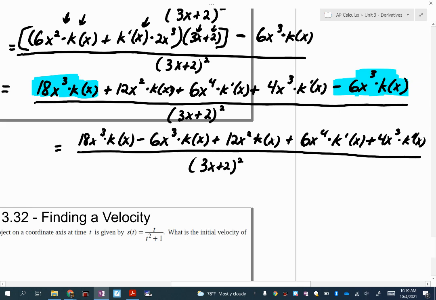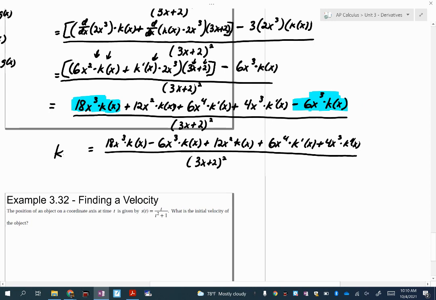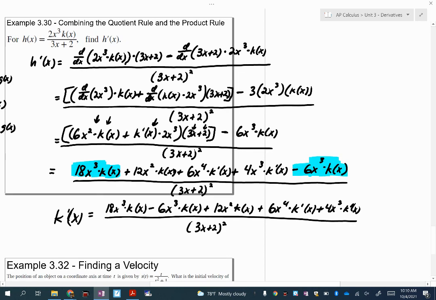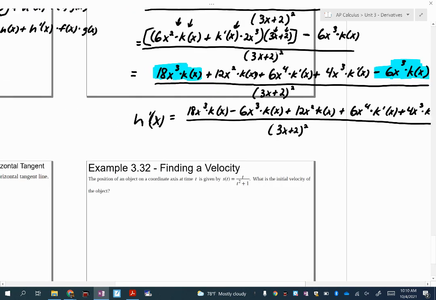All right, so there was an example of the product rule within a quotient rule, and that's going to be all equal to h prime of x, my bad. All right, let's keep going.